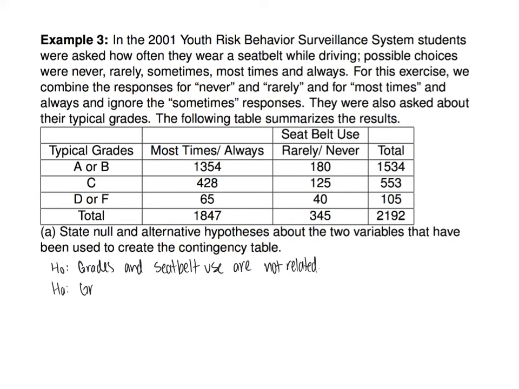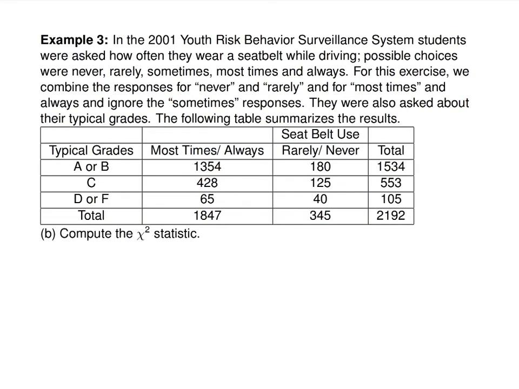And HA is that grades and seatbelt use are related. Okay, now the big work. Find the chi-squared statistic. So instead of 4 things, this time we're going to have 6 things.